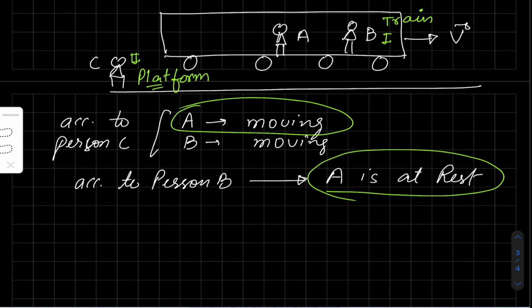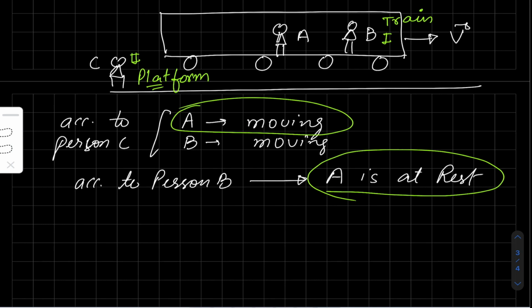So when the frame of reference changes, the person in motion changes to rest, or the person at rest changes to motion. That's why I am saying that nothing is absolute in terms of rest or motion. It's only relative terms, and we can specify the person's state with respect to the frame of reference from where the observer is observing the situation.